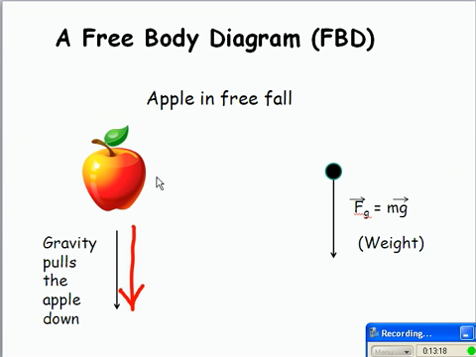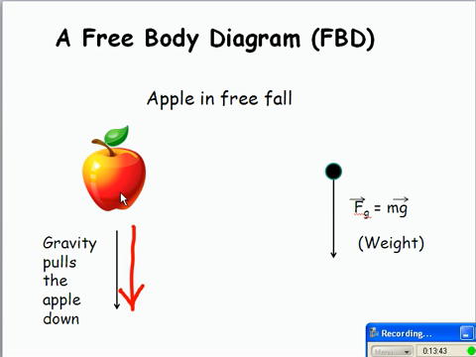Someone has probably thought, oh yes, there's some friction from the air that would tend to slow the apple down, but in most cases in this course we will ignore friction due to air. It doesn't really help much. It just makes the problem a little more complicated mathematically if you have to consider air friction.